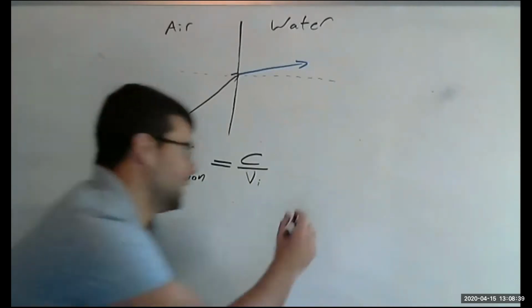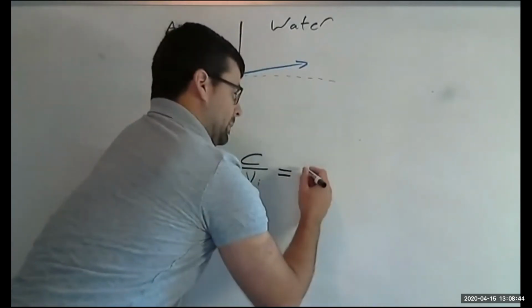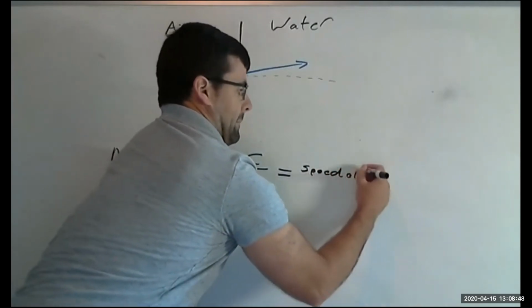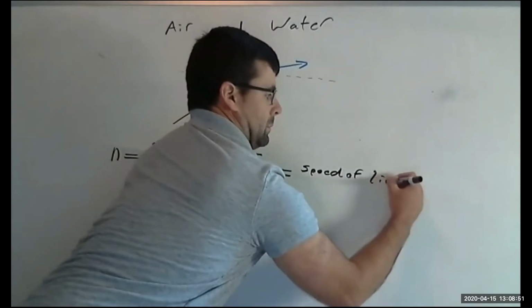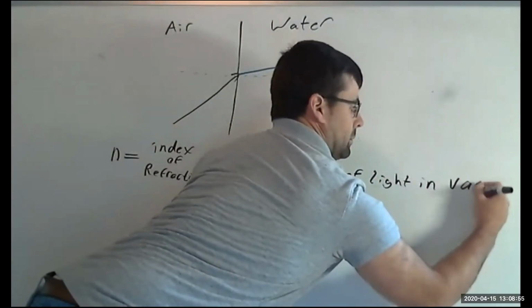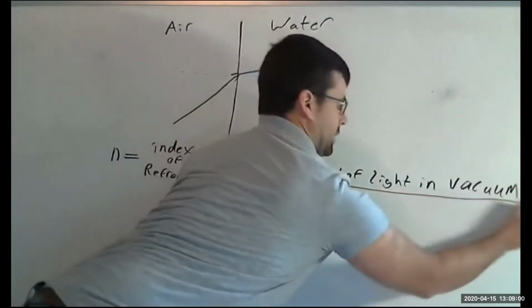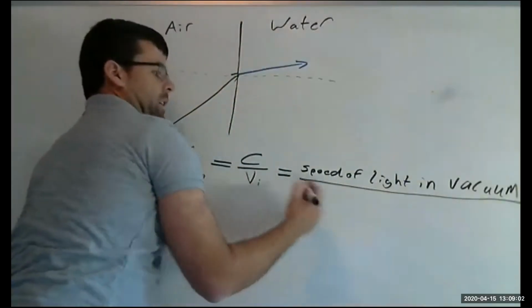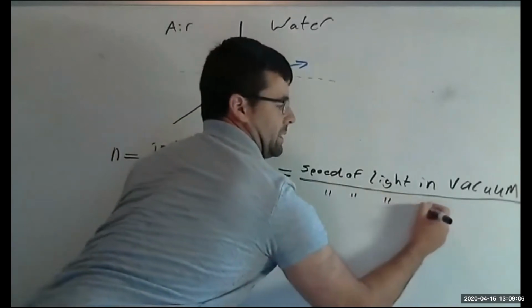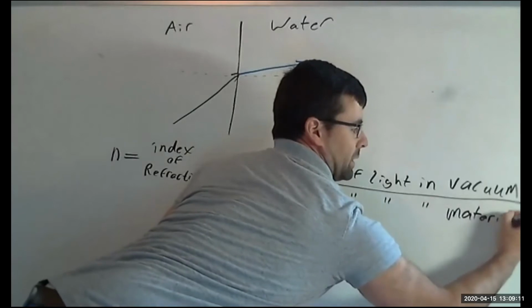It's the speed of light in a vacuum. And v is the speed of light in that specific material.